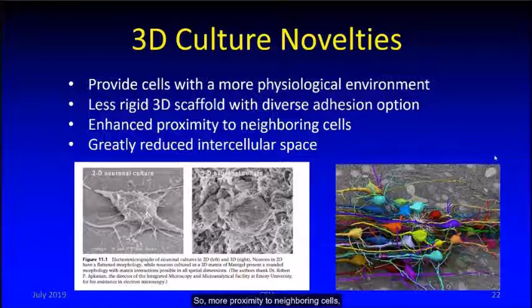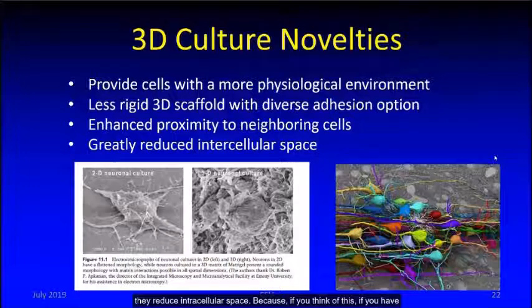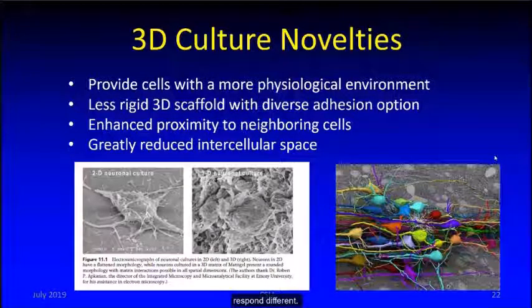So more proximity to neighboring cells, they reduce extracellular space, because if you think of this, if you have a 60-millimeter culture dish with neurons growing on the bottom, and you pipette in TNF-alpha, it takes a while for this to spread out. This is not really a scenario that you find in vivo. So it is possible that with this higher density in vivo, for some molecules, it's not so easy to quickly diffuse into the neural tissue, and the neurons might actually respond differently.